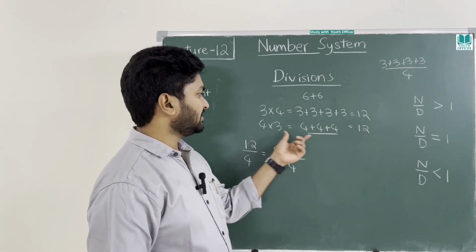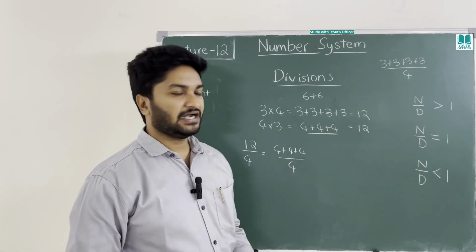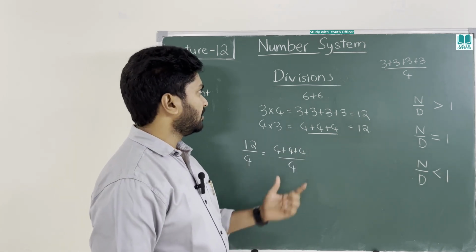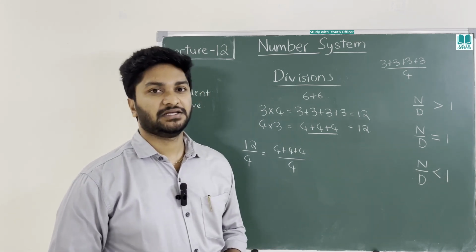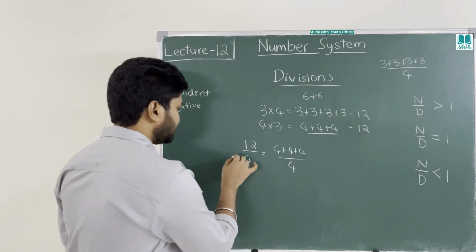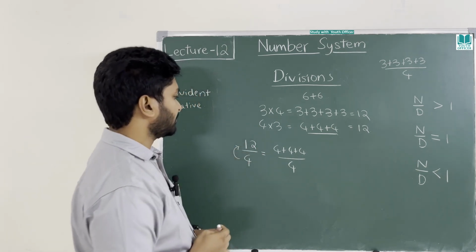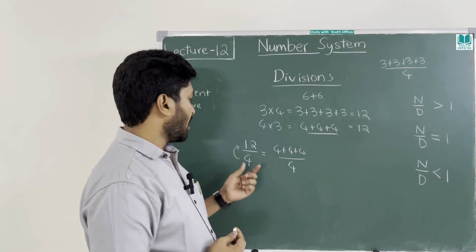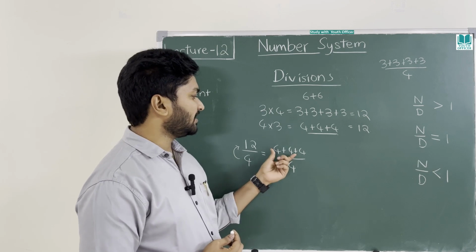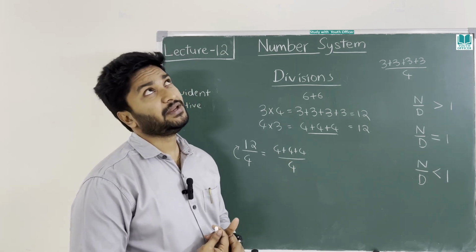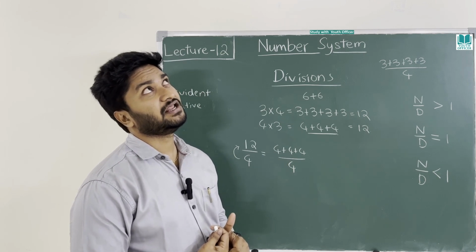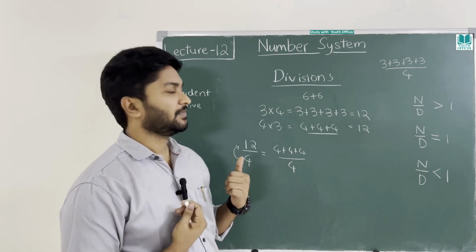Now, in multiplication you will add and you will get the higher result. In divisions, what happens? This 4 will look up and ask 12, brother, how many of my siblings are there with you? How many more look similar in your family like me?